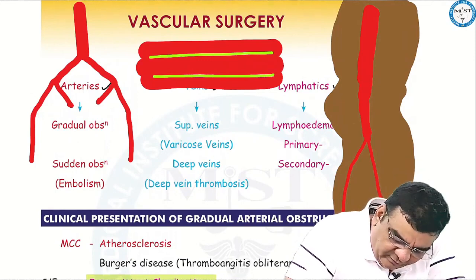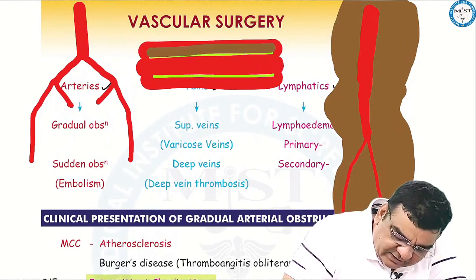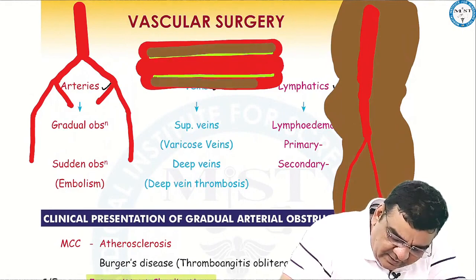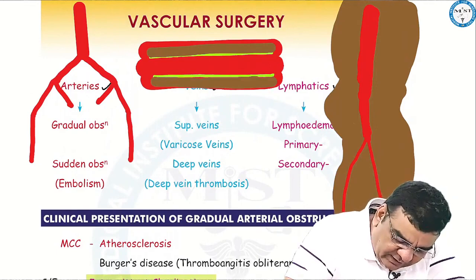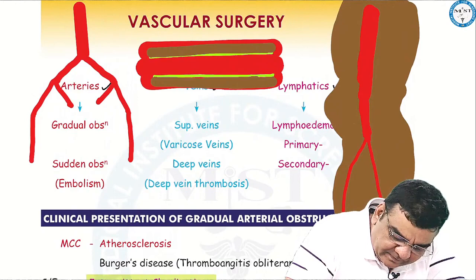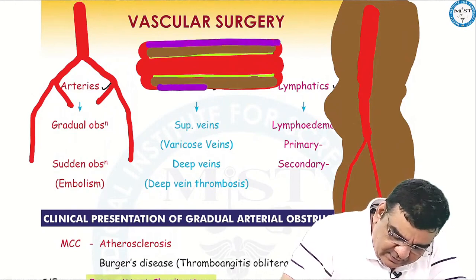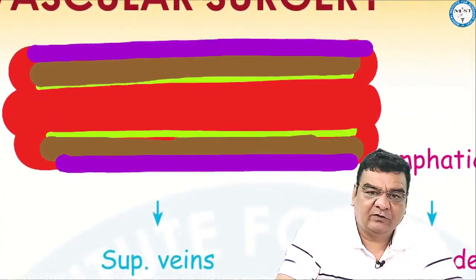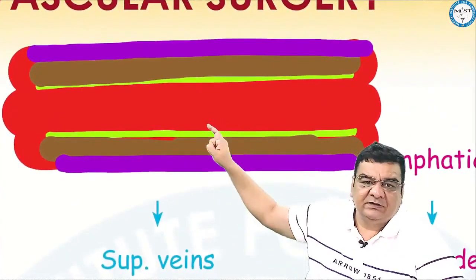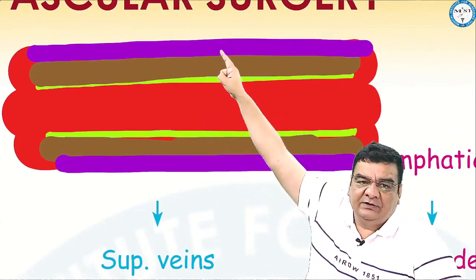Behind the intima, we have the muscle layer of the artery, which we call the media. And then there is an outer covering, which we call the adventitia. So this is the intima, media, and adventitia.